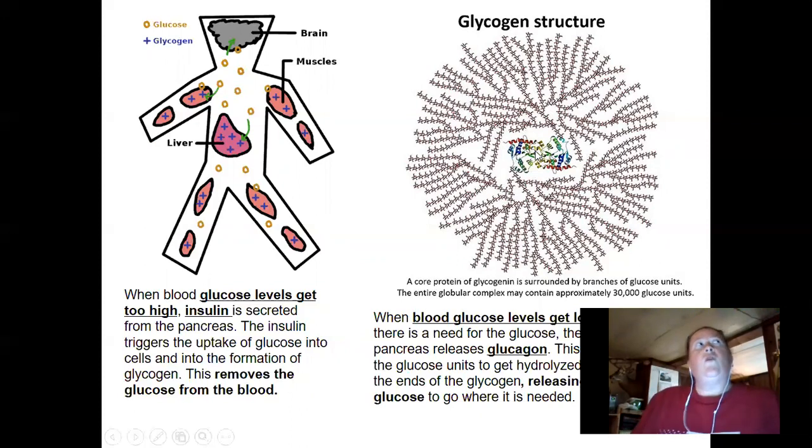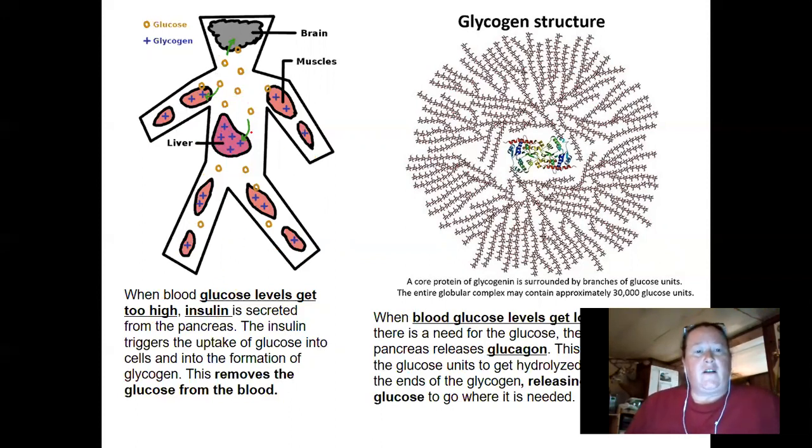So what would trigger our bodies to start storing the glucose? And this is what happens. So here is some glucose. There's glycogen in the muscles and also in the liver. When our blood glucose levels get too high, insulin is secreted from the pancreas.